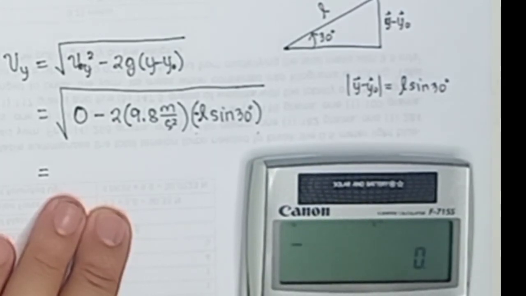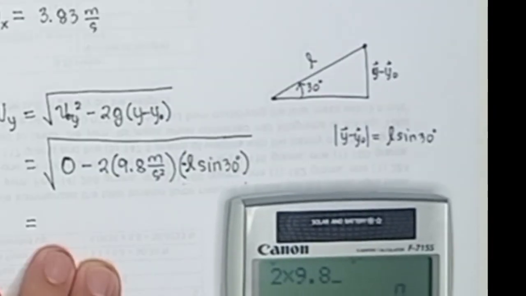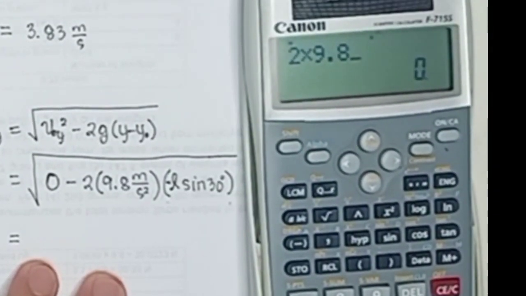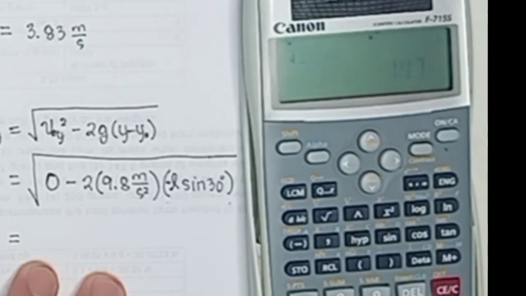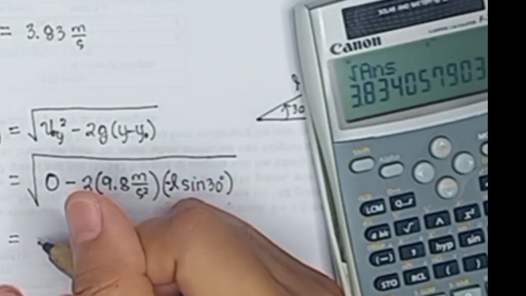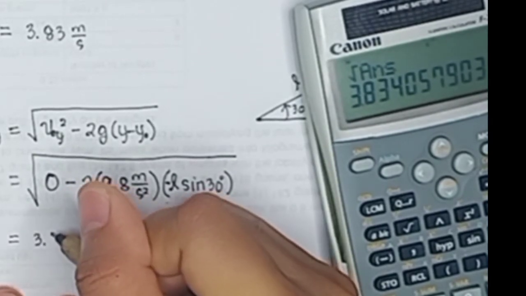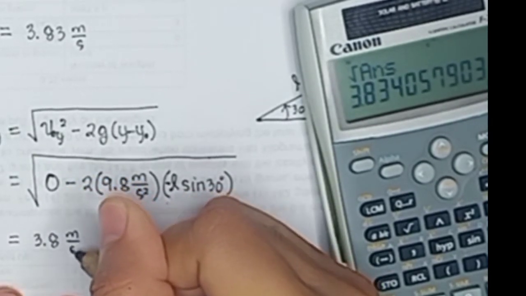So we have 2 times 9.8 times 1.50 times sine 30, equals, square root, is 3.83 meters per second.